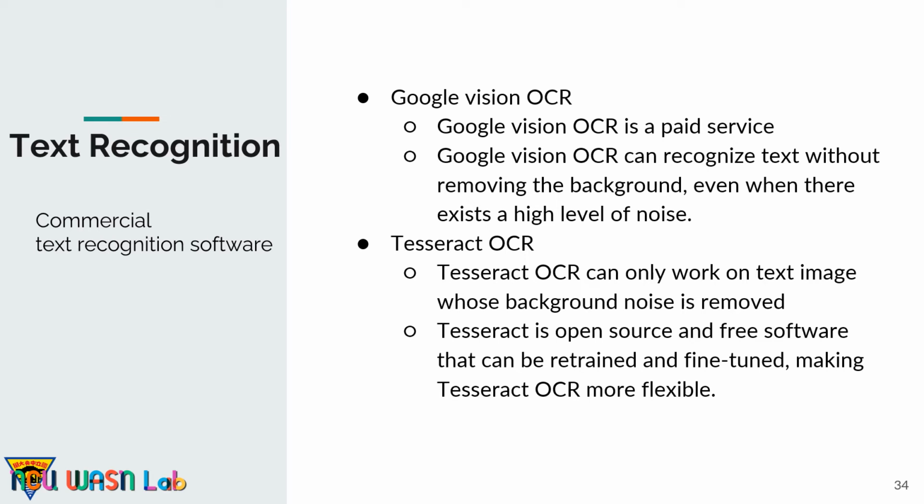And the next one is Tesseract OCR. Tesseract OCR can only work on text images whose background noise is removed, and is open source and free software, and can be retrained and fine-tuned. And this makes Tesseract OCR more flexible.